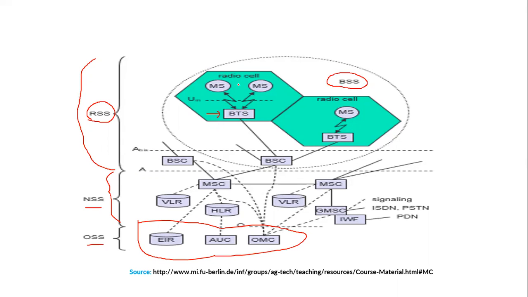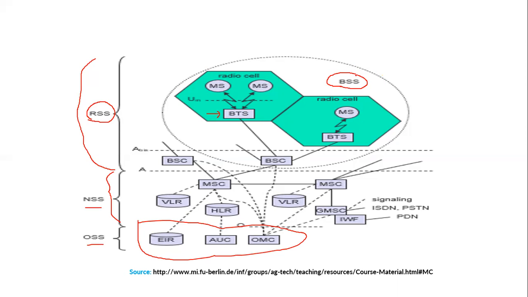And the mobile stations will be connected with the BTS through an interface, and that interface is called the UM interface. All BTS will be connected to one BSC, which stands for base station controller. Like that, there will be several BSCs, and each BSC will manage one base station subsystem.